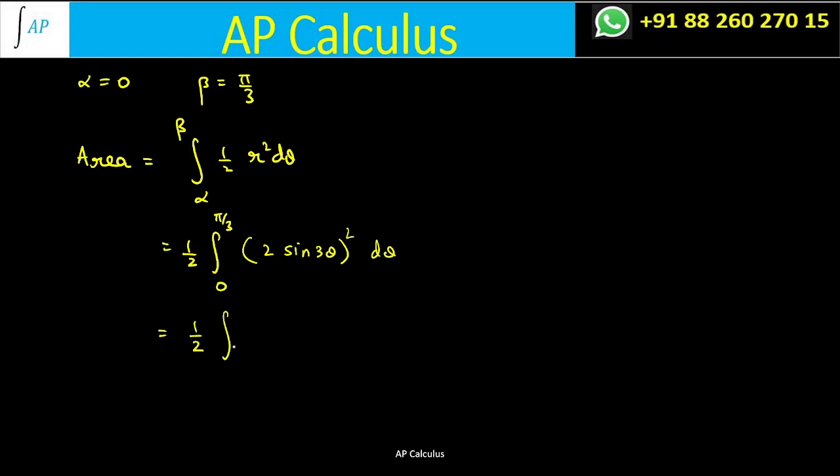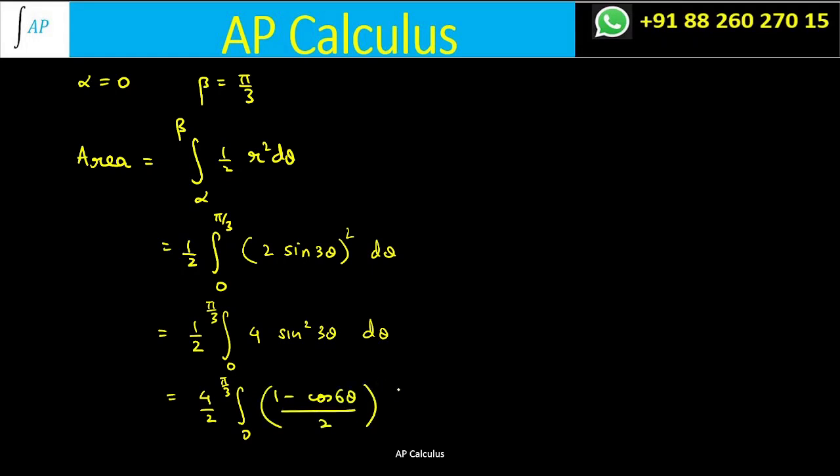Here it becomes the integral from 0 to pi by 3 of 4 sine squared 3 theta. Now we can change it. 4 can be taken outside the integral sign, and sine squared 3 theta we can write as 1 minus cos 2 theta divided by 2, so 1 minus cos of double the angle. Double of 3 theta is 6 theta, divided by 2.